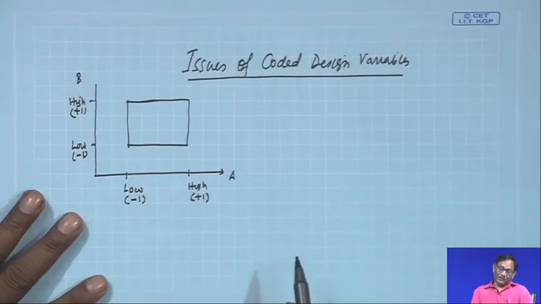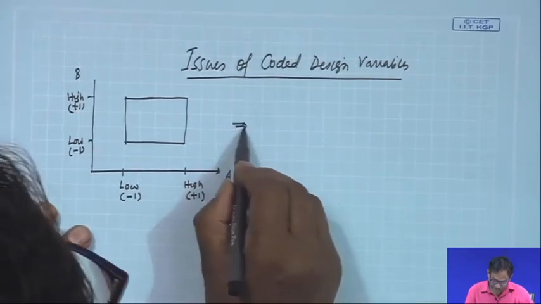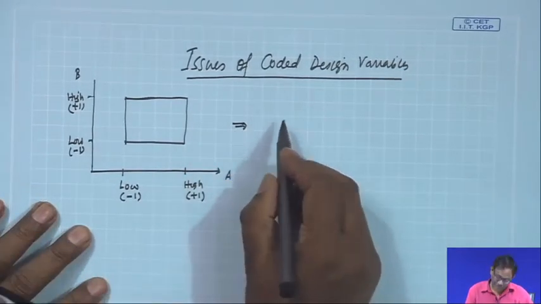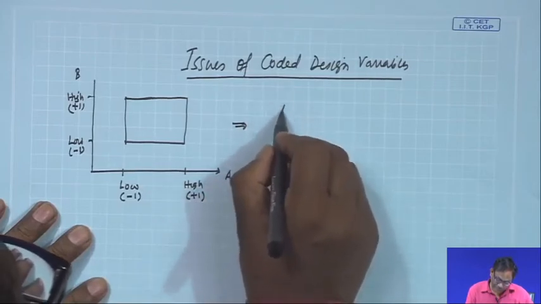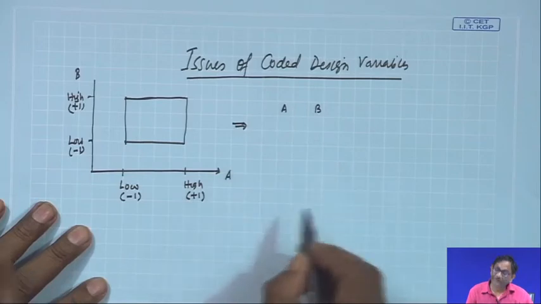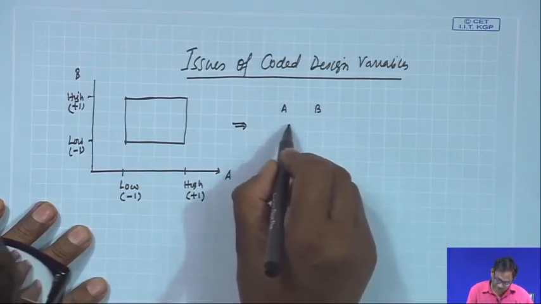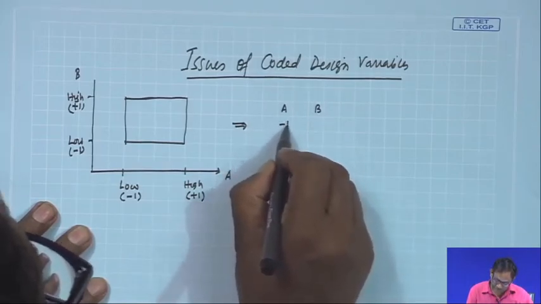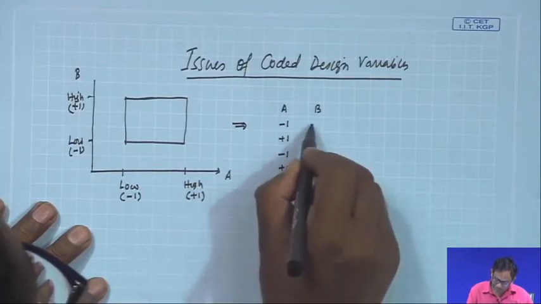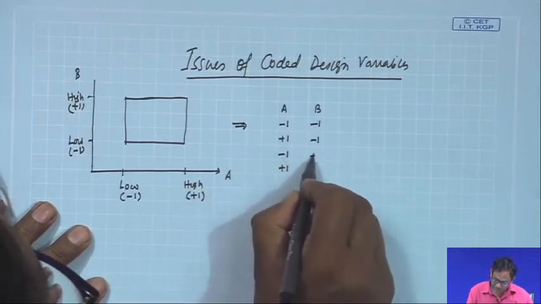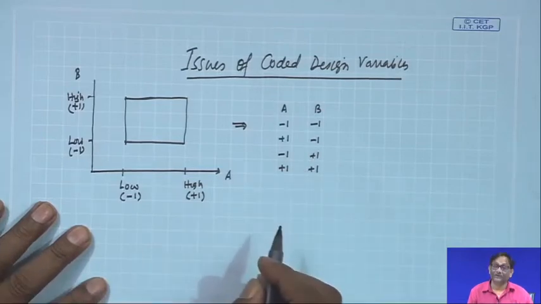Then we have created the design matrix with reference to A and B: -1, +1, -1, +1, then -1, -1, +1, +1.